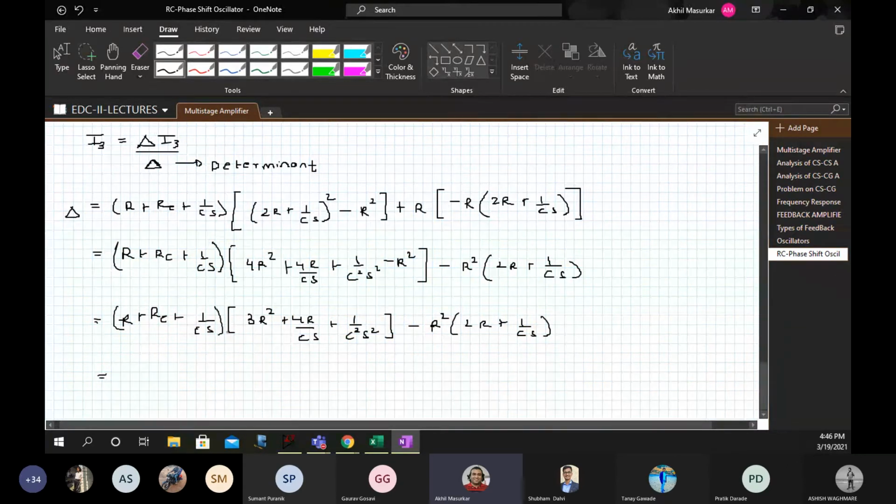Now can you see the second term is sorted out, but the first term is going to be complex. So let's multiply that carefully and write the terms.